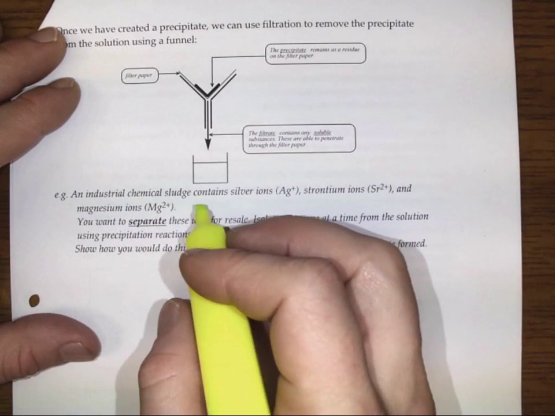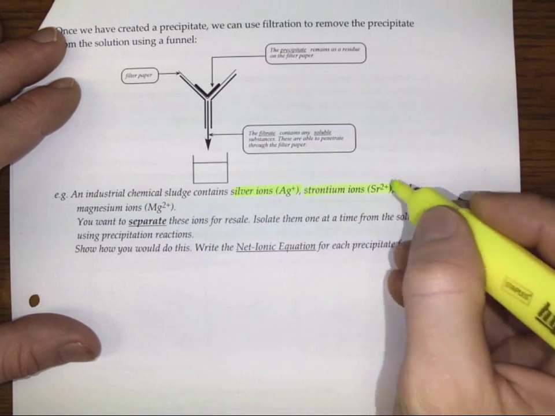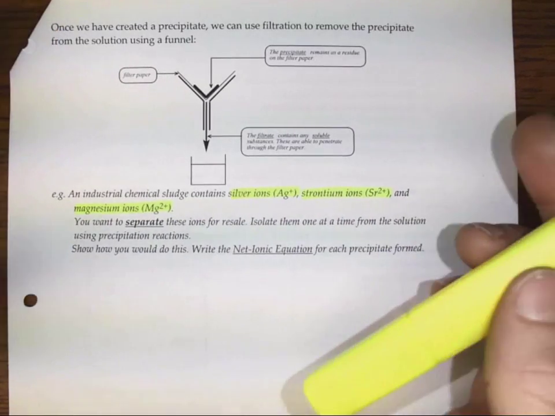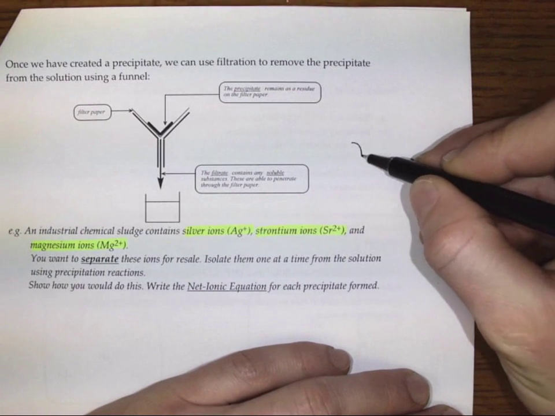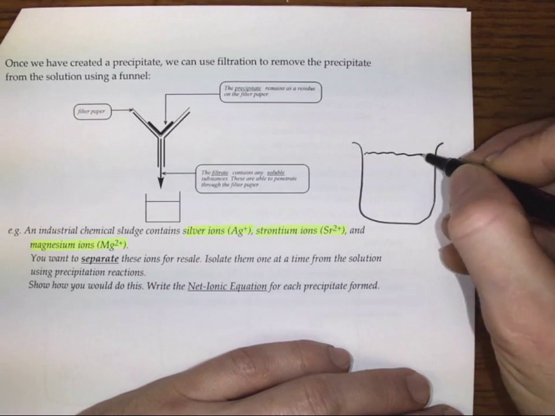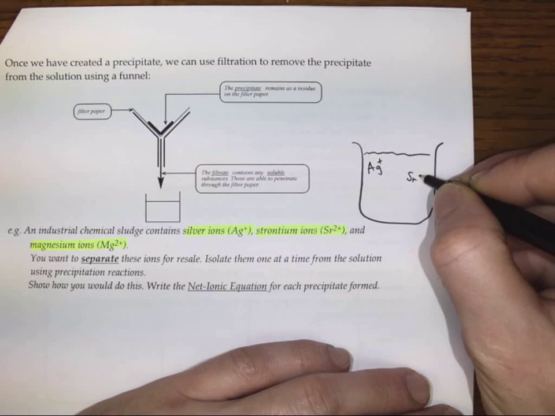So we have some chemical sludge that has silver ions, strontium ions, and magnesium ions in it. And they're just all floating around in there. There are positive ions and there are negative ions in there as well. But that's what we're starting with, and we're not really focusing on the negative ions right now.